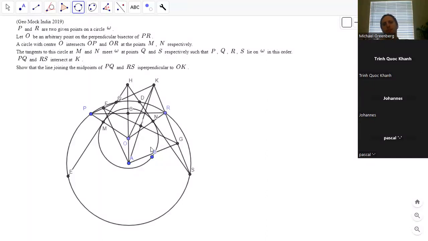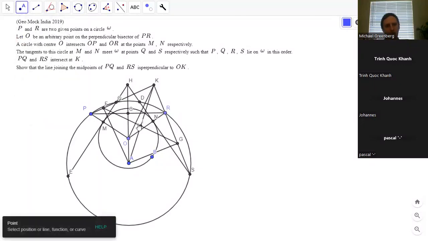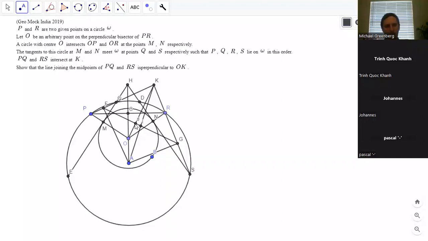So yeah, another way of saying it is that I think it's the same as saying there's a spiral similarity that takes KJF to KGA.